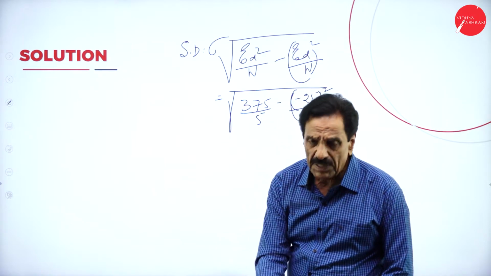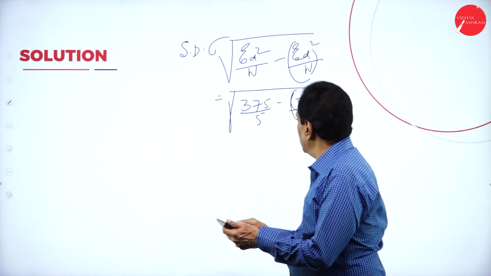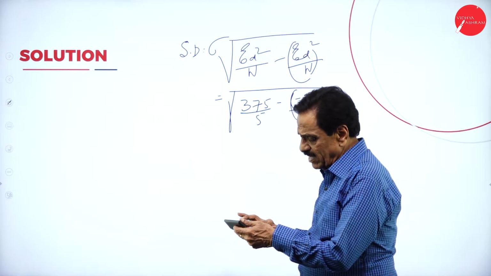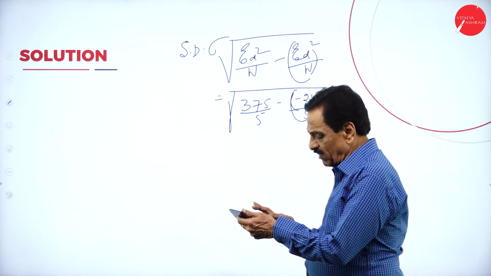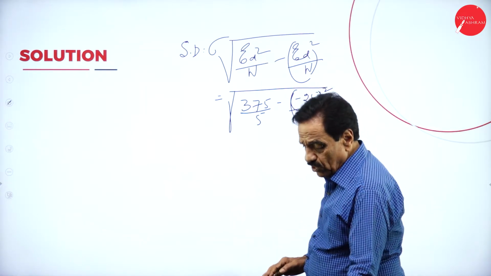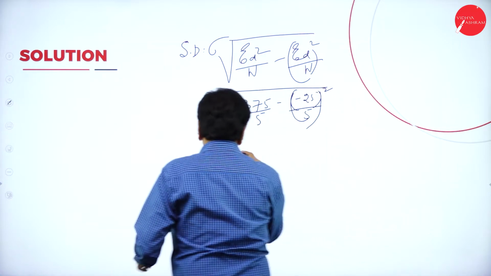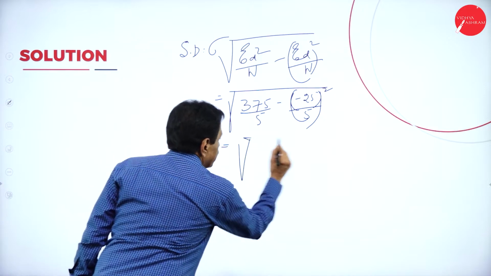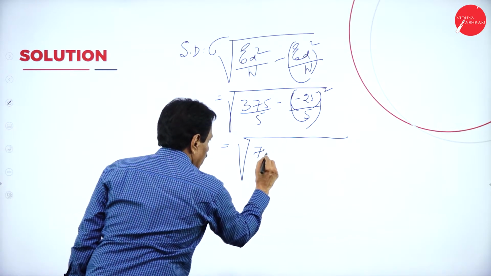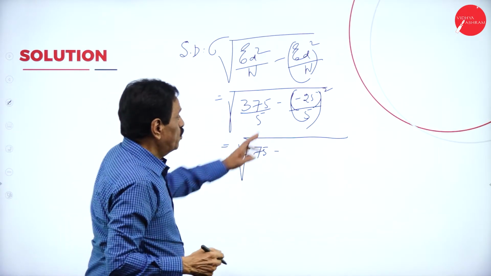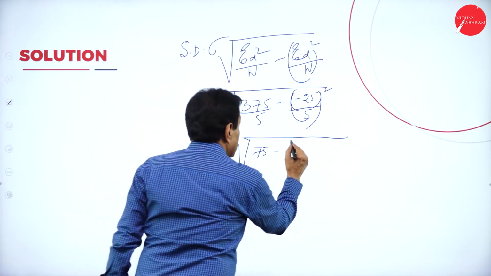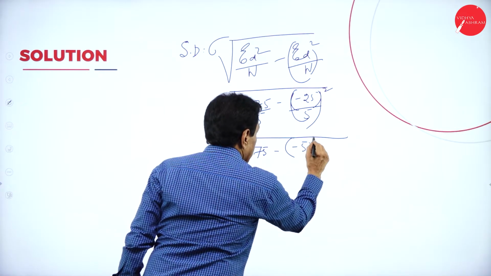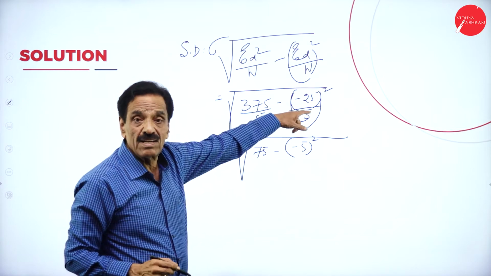Now 375 divided by 5 is equal to 75. Minus 25 divided by 5, it is minus 5 whole square. 5 5s are 25.